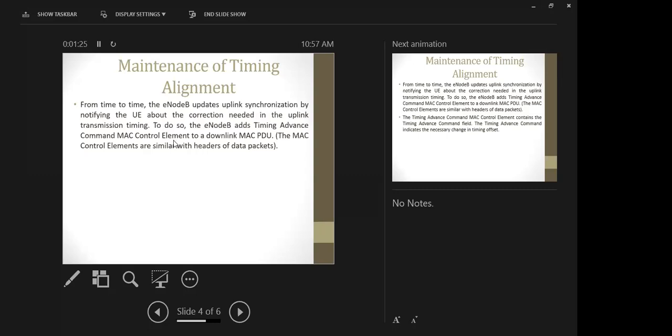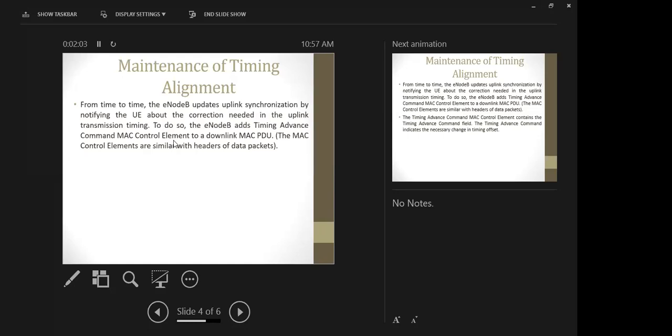But in this case, there are many different purposes. There are many different types of control signaling required from time to time. So instead of using the term header, there is also a header in the MAC PDU, but there is something else which is like a header, and these are control elements.